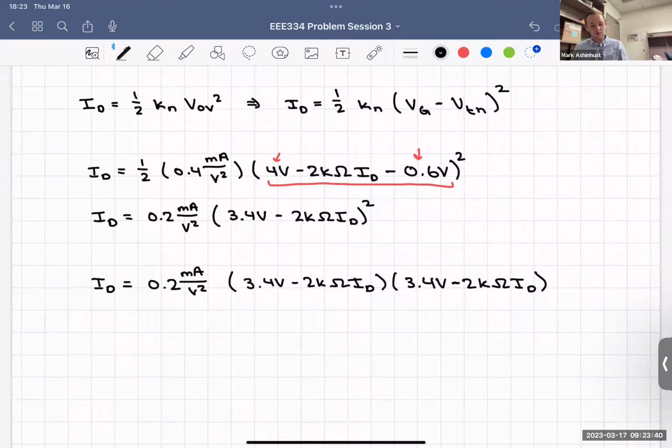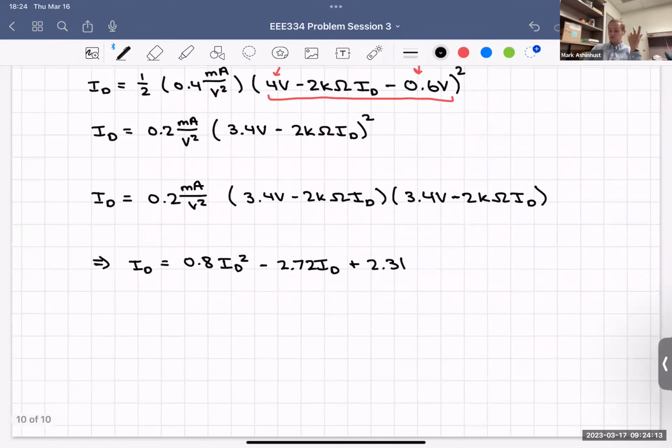So we go through that, and then we'll multiply by the 0.2, doing all that together. You can do that part on your own, and we're going to end up with ID equals 0.8 ID squared minus 2.72 ID plus 2.31.